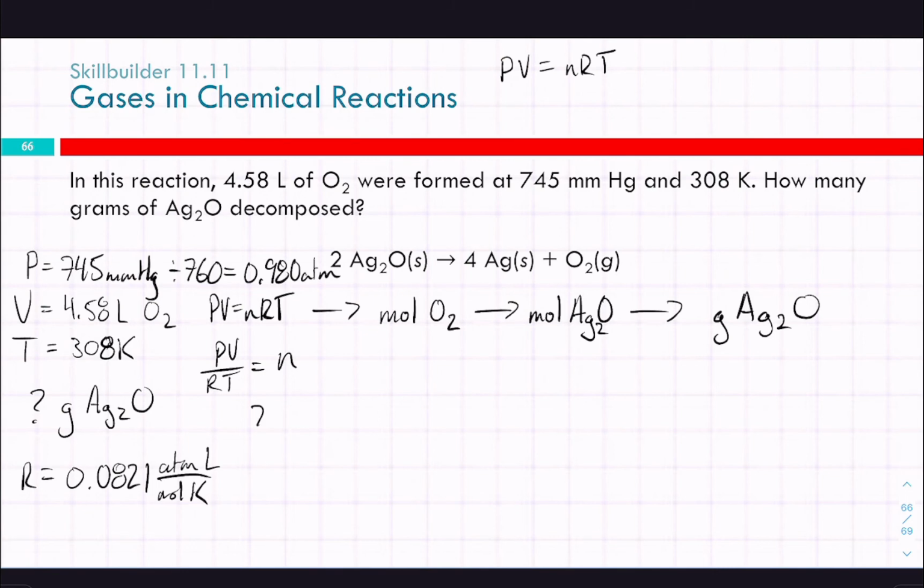So that's 0.980 times 4.58, atmospheres liters, over 0.0821 times our temperature, which is 308 Kelvin.